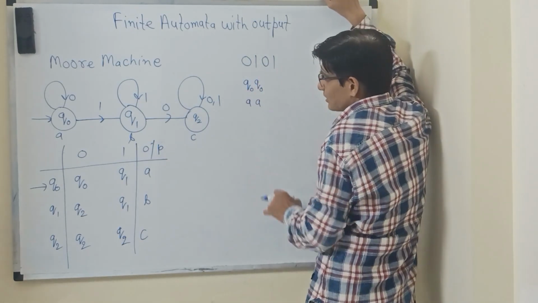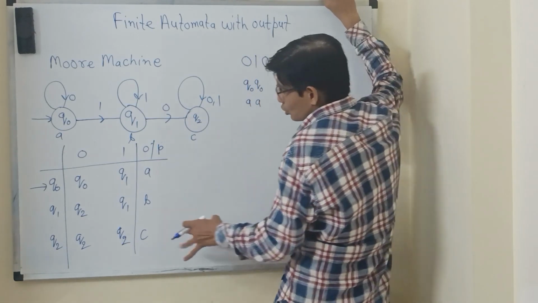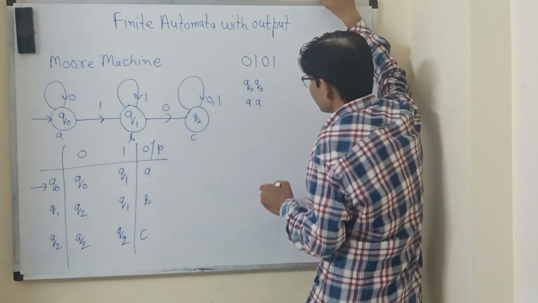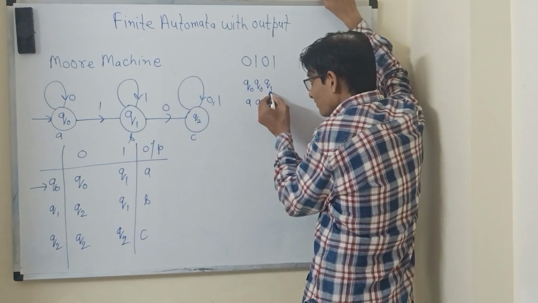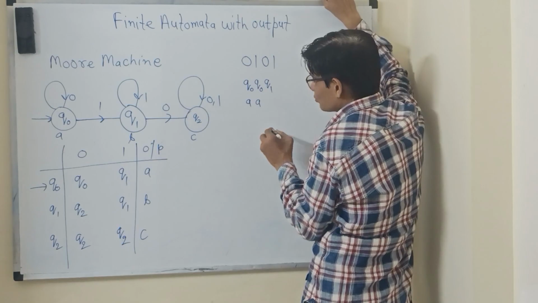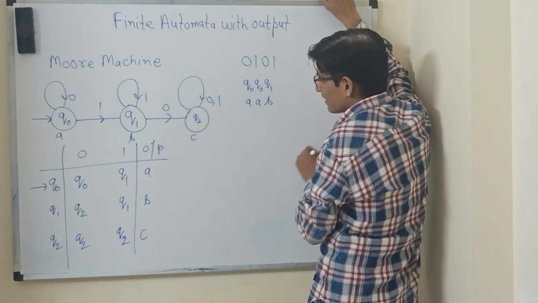Now we are on q0 and we are reading 1. On q0, if we read 1, we move to q1, and it will generate the symbol associated with q1, which is b.